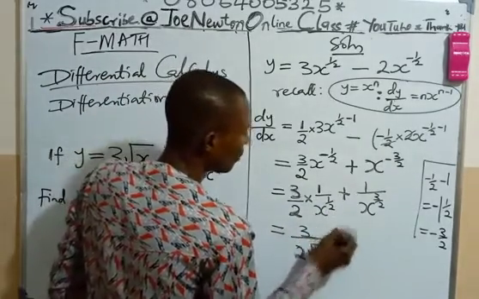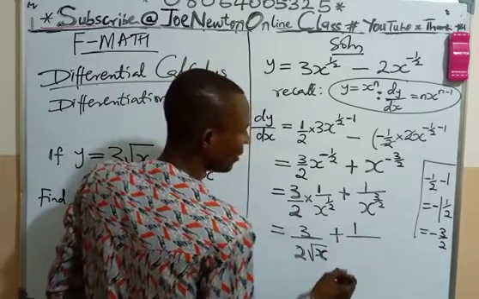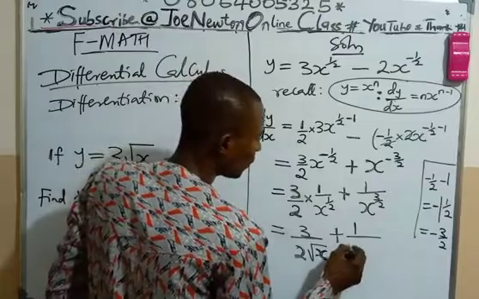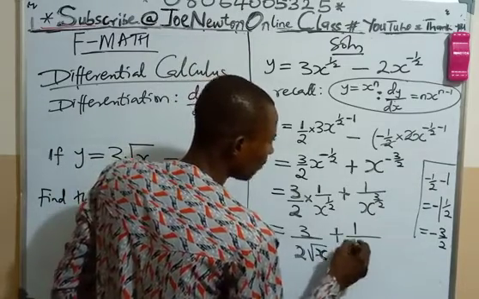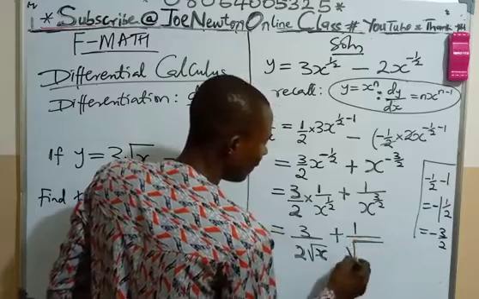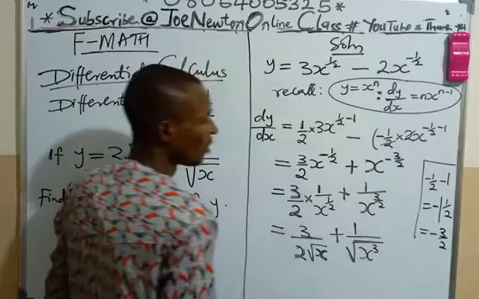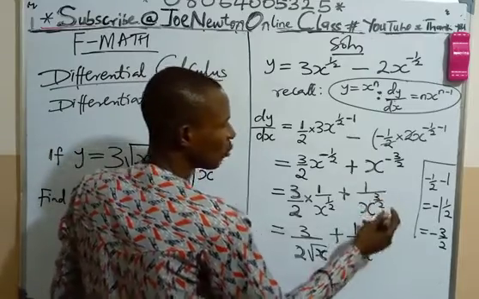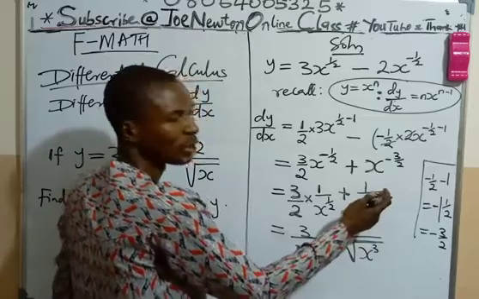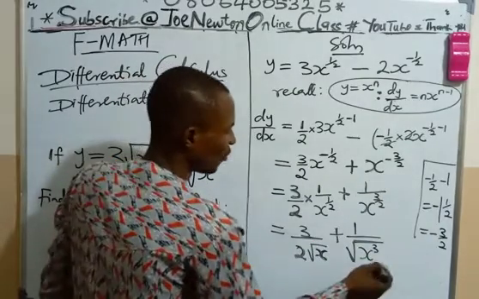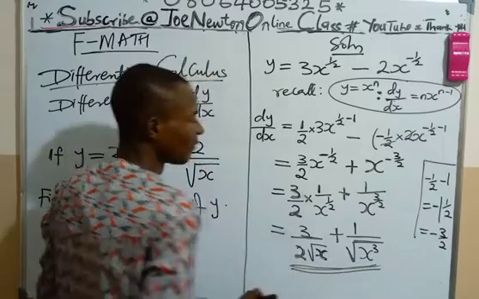Then plus, you come to this side, this will become square root of x raised to the power 3. Because if you have x raised to the power 3 over 2, it means square root of x all raised to the power of what? 3. That is it. So this is what we have at this point. So that's our answer to this.